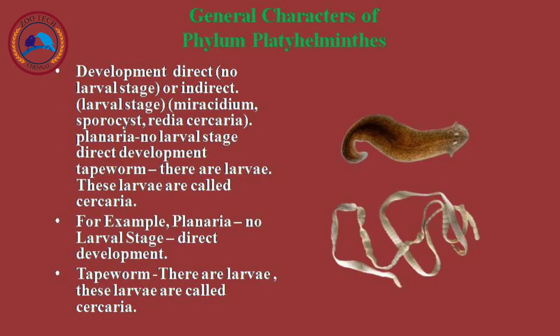Now, talking about development, it is either direct or indirect. Direct means there are no larval stages. If you talk about indirect development, they do have larval stages, such as Miracidium, Sporocyst, Redia and Cercaria. For example, if you take planaria, there are no larval stages, so it is a direct development.